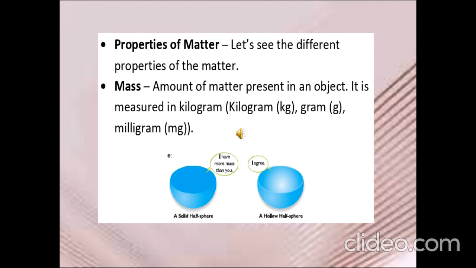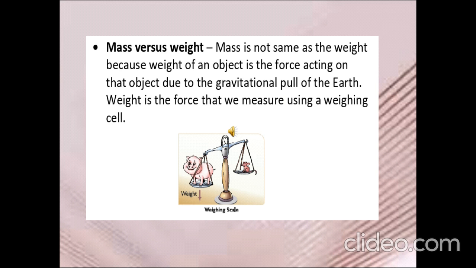Mass is nothing but the amount of matter present in the object. Right? Weight is similar to mass, because the weight of an object is the force acting on the object due to the gravitational pull of the earth.